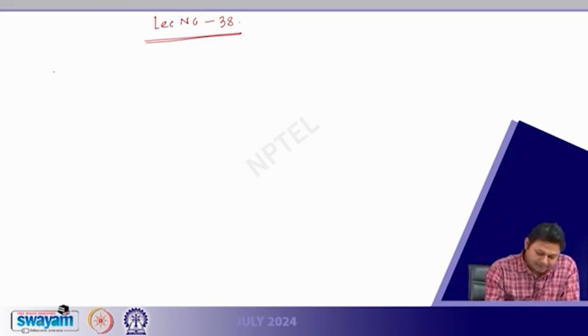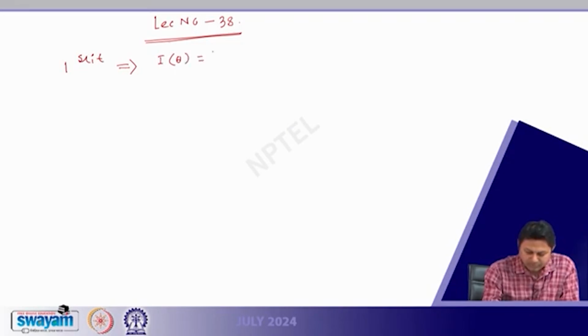So, for one slit, or the single slit, the intensity distribution was I as a function of theta, equal to I naught sine square beta divided by beta square.